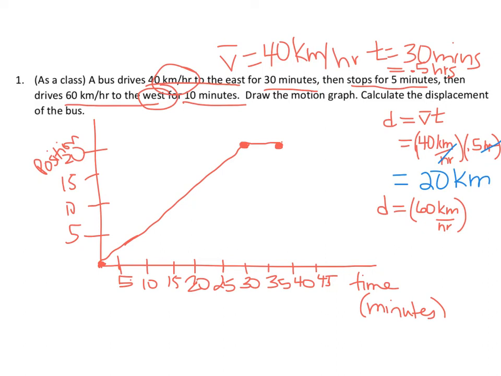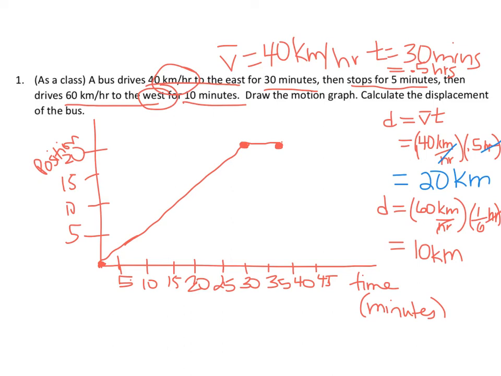However, since I know that there are 60 minutes in an hour, I know that means that 10 divided by 60 is the number of hours, or we can say it's just 1/6 of an hour. This one's actually really nice because you'll get a nice numbered answer in the end. When you multiply this out, your hours and hours are going to cancel out. You just end up getting that the distance traveled in the next 10 minutes is 10 kilometers.